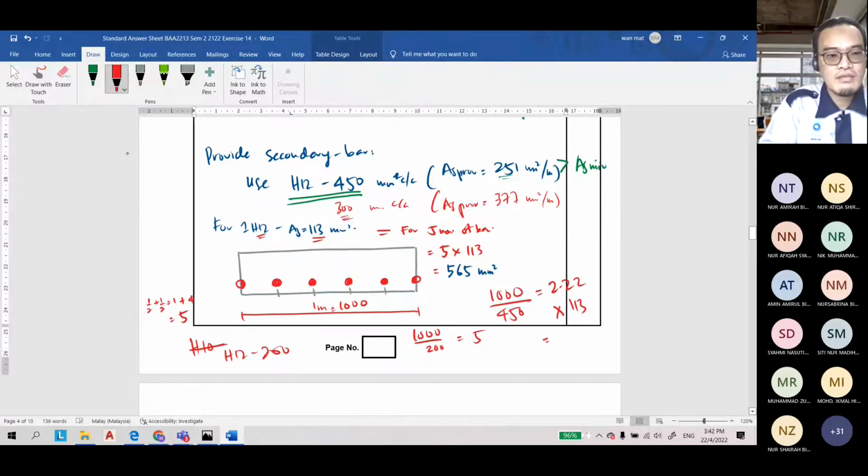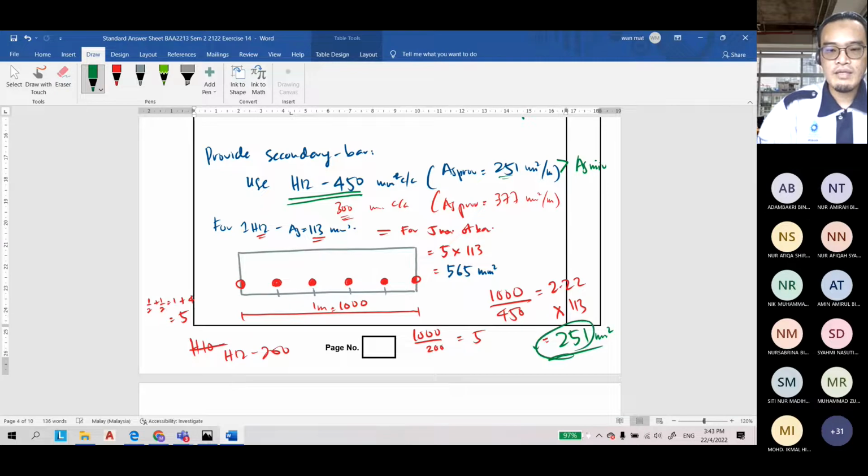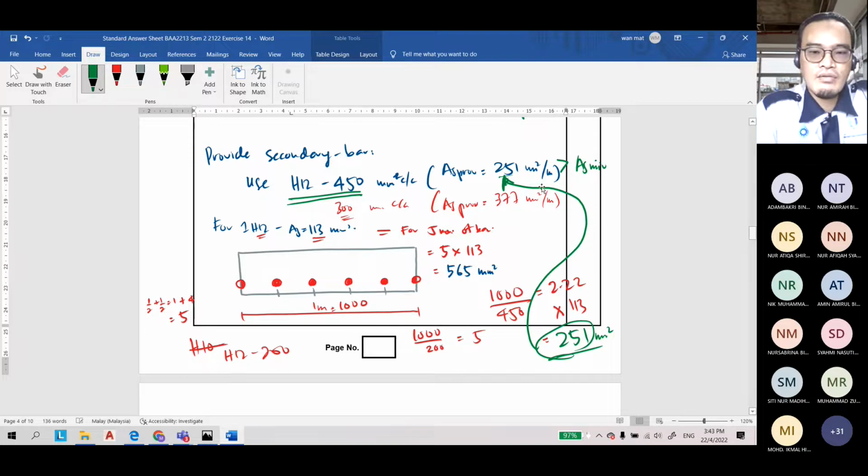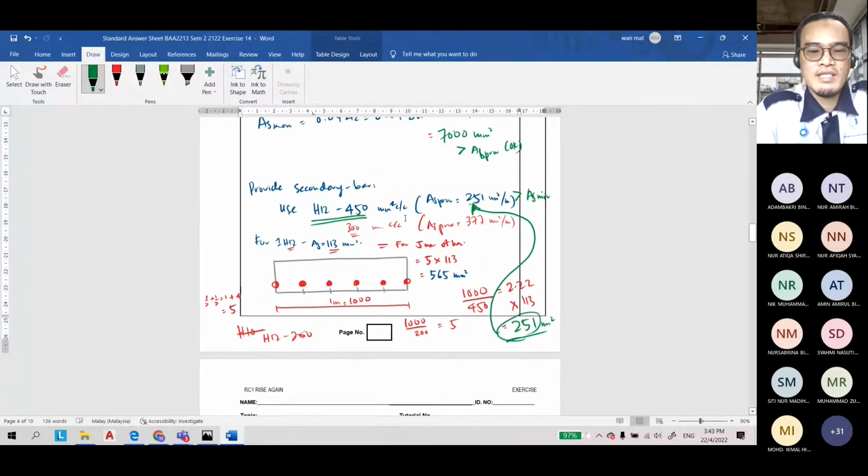Use your calculator, please. 250.86, so equal to 251 mm square. So it's similar to this one. So that's the tips on how to estimate the As provided with a specific spacing.